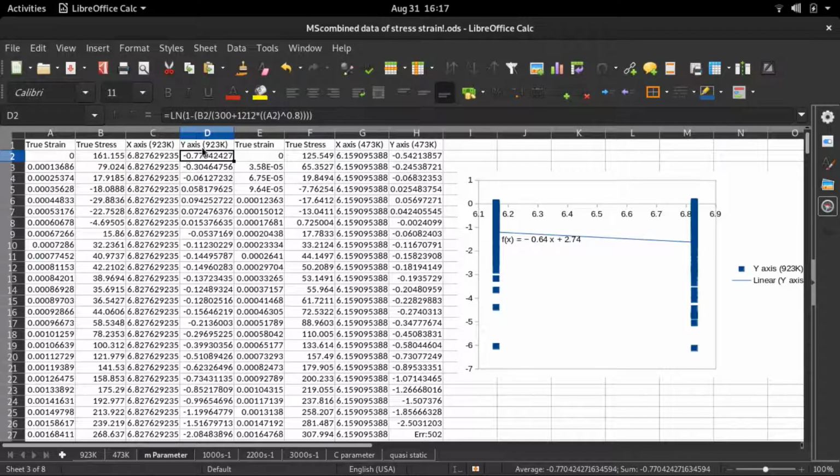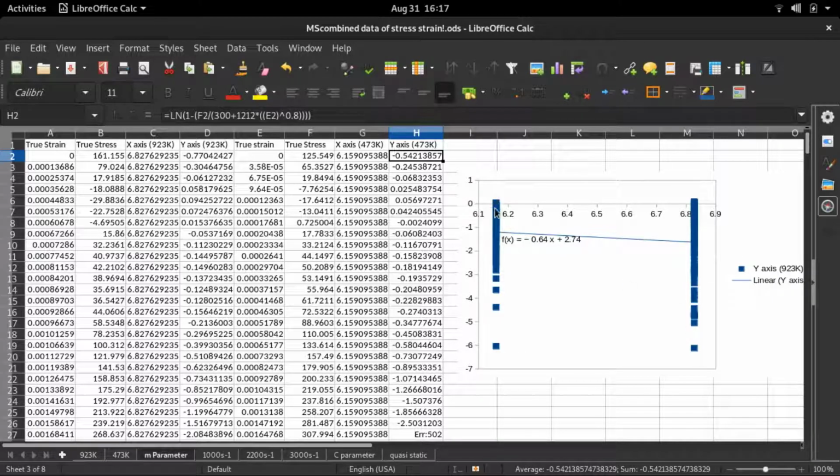Accordingly we have found the x-axis and y-axis, and similarly for the temperature 473, I have found x-axis as ln of 473 and y-axis with the same formula. So there are two temperatures, 923 and 473, and for that we made the graph like this.